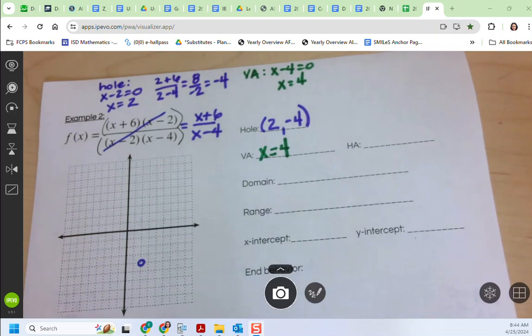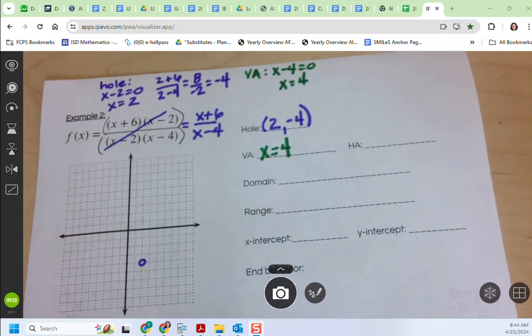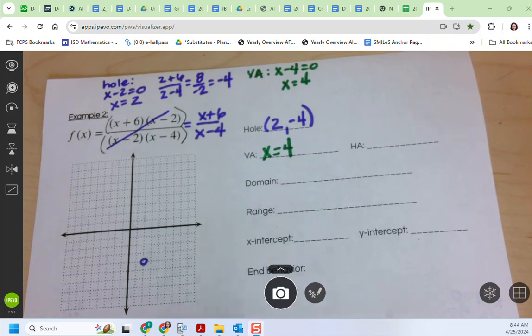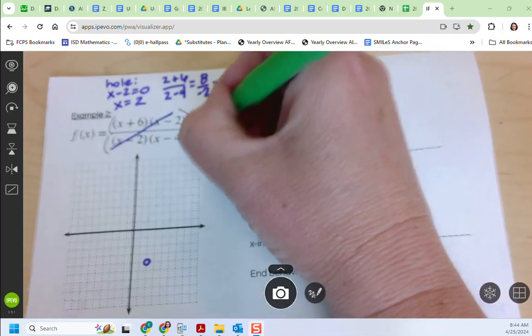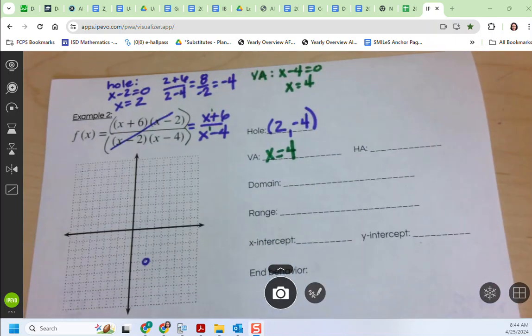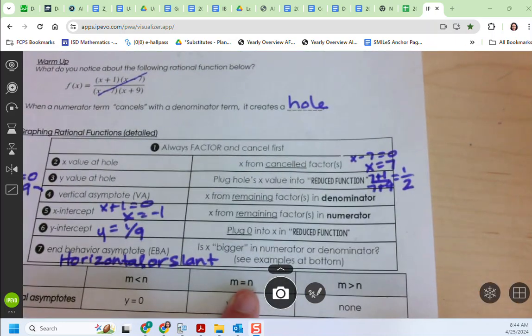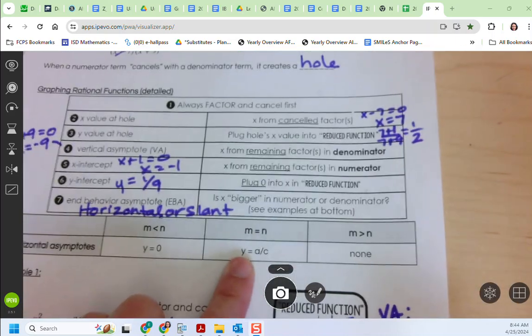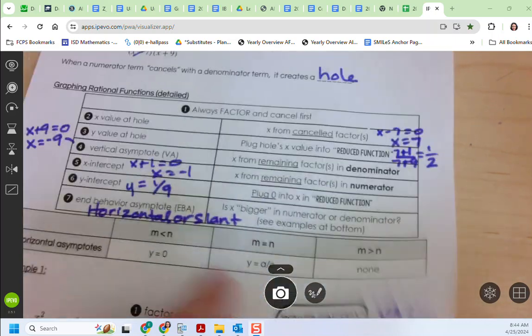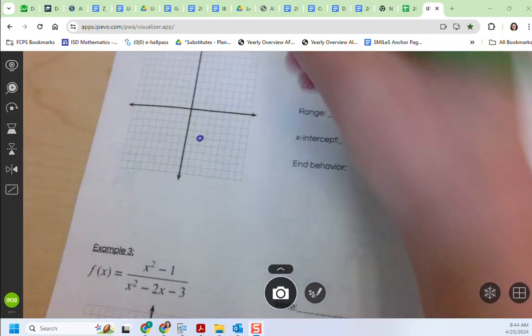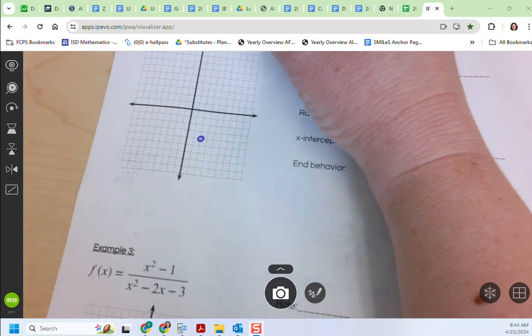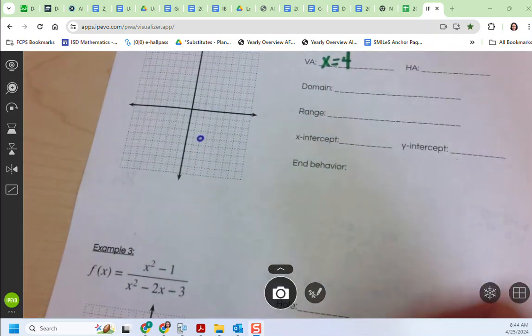All right, horizontal asymptote is a tricky one. First of all, you have to look at the biggest exponent. So this has an exponent of 1, and this has an exponent of 1. When the exponents are the same, then you're going to take the coefficients. So, just like in the last problem, this has a coefficient of 1, and this has a coefficient of 1.